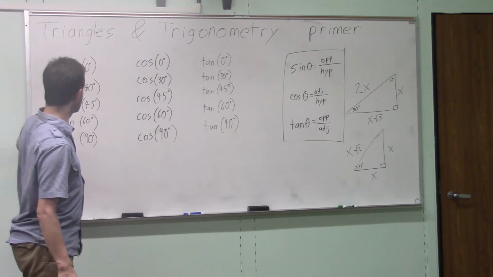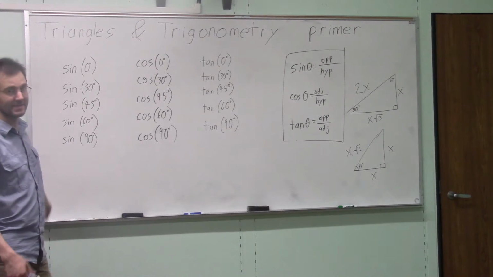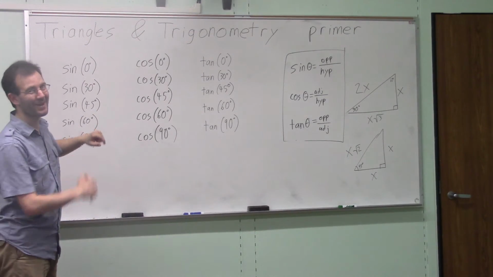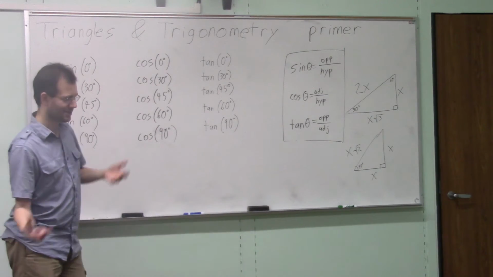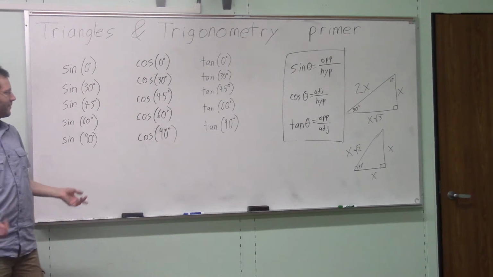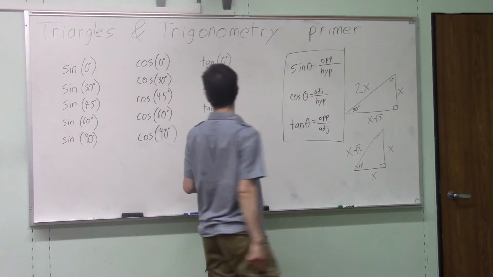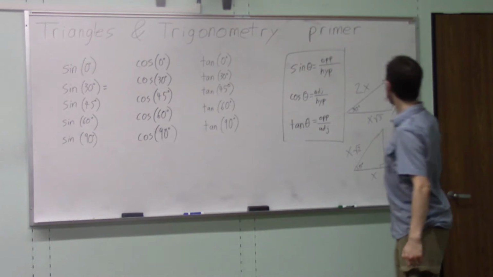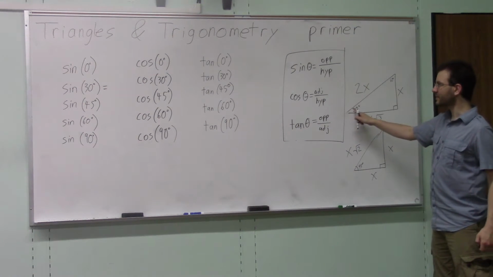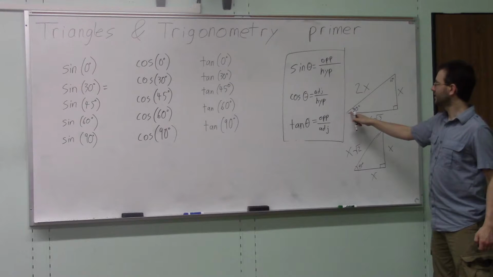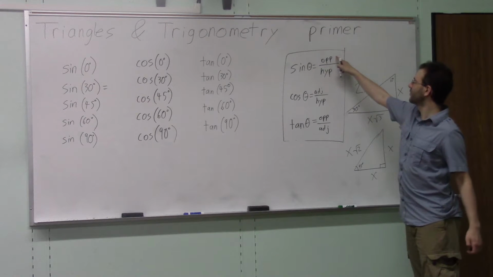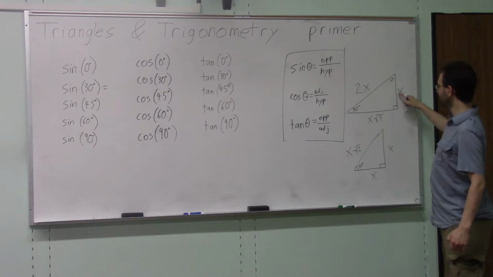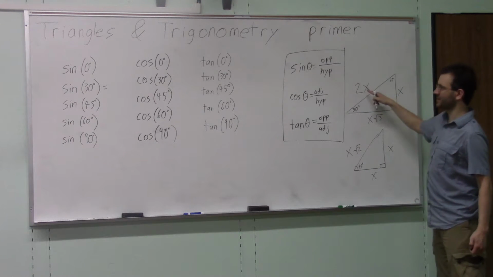Let's go over sines. Let's stick with the angles that are sensible to see in triangles, because it's very rare you'll see a 0-degree angle in a triangle, or a right triangle that also has a second 90-degree angle, right? So let's start with the middle ones. Sine of 30 degrees. In a triangle with a 30-degree angle, the ratio between the opposite and the hypotenuse will be x divided by 2x.